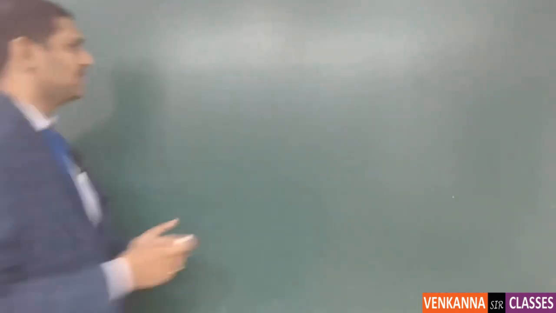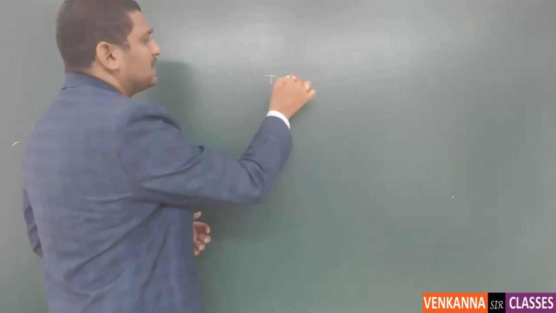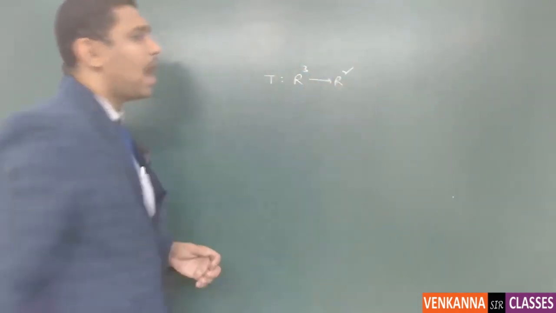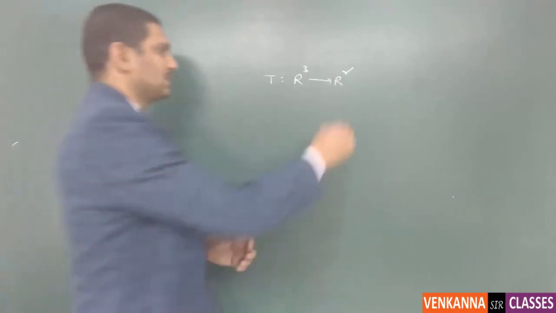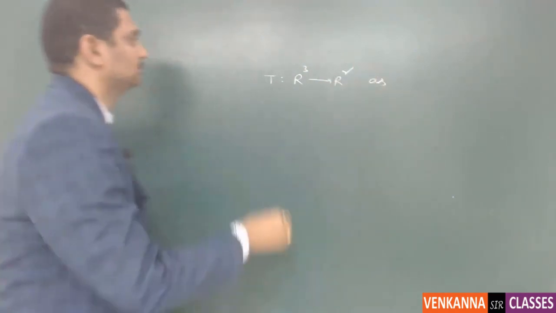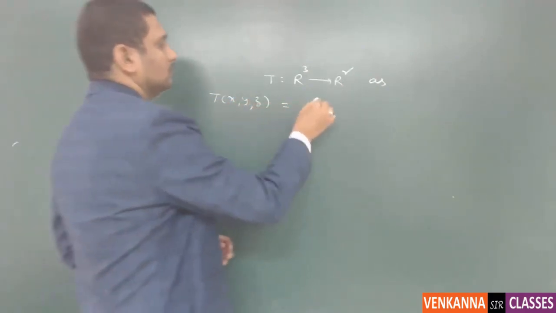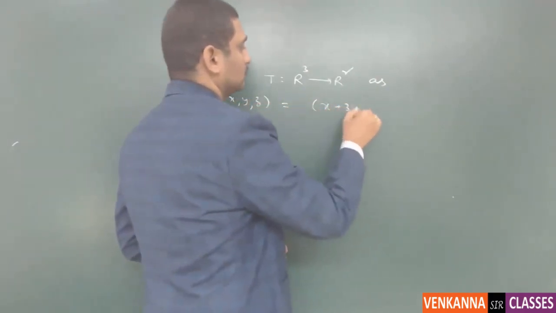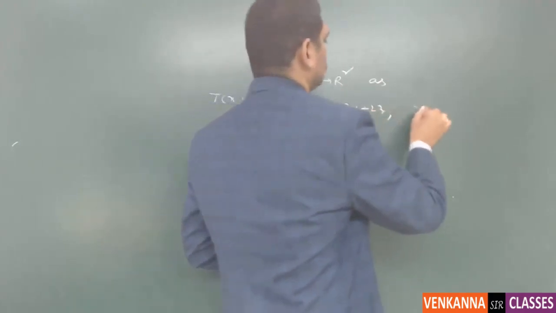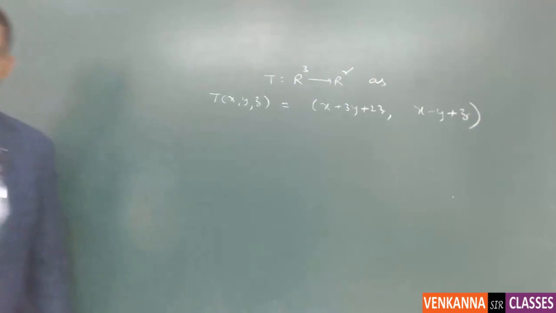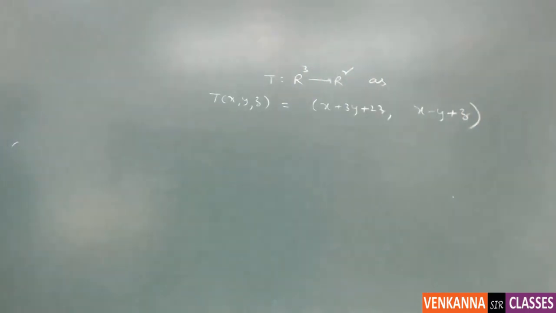Now for convenience, let us define the function T from R cube to R square as T(x, y, z) equals (x plus 3y plus 2z, x minus y plus z).